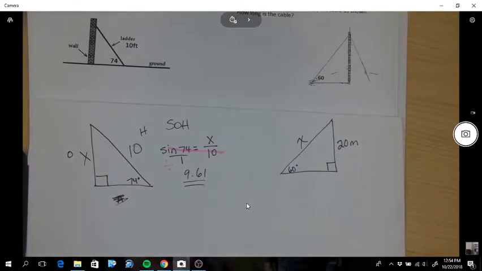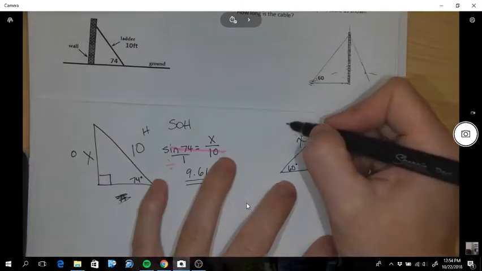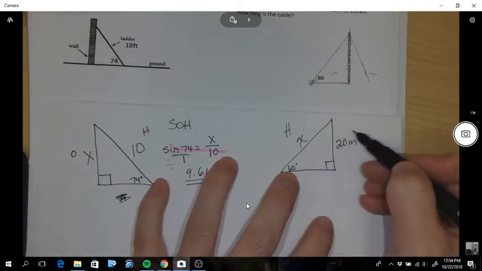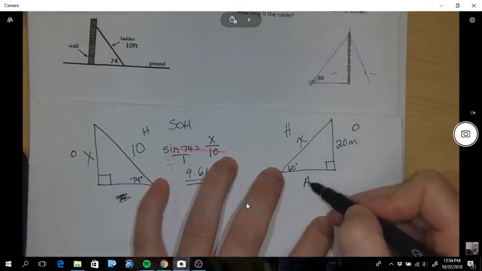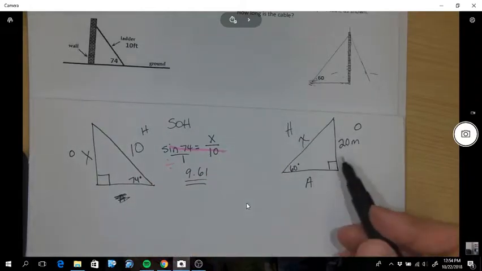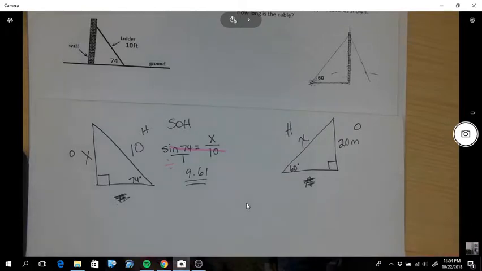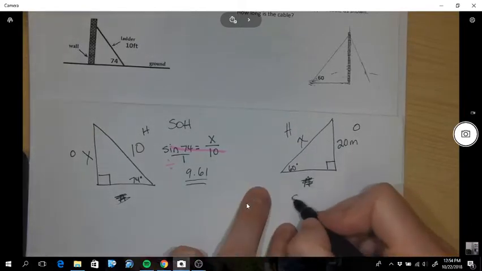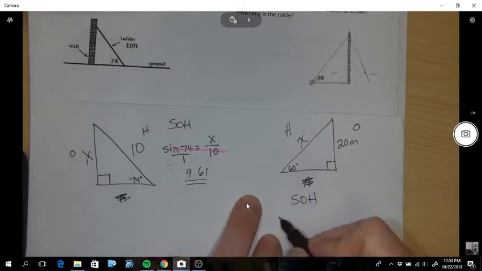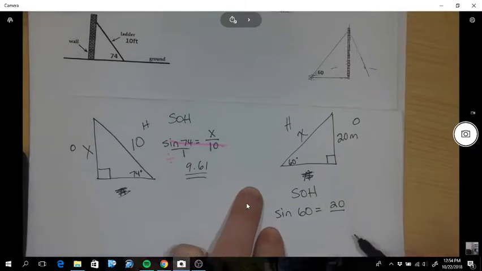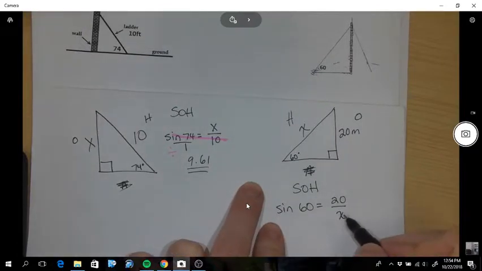So give me O, A, and H. Start with your H. That's located there. Here's my angle, so now I'm opposite and I'm adjacent. Out of these 3, which one don't you care about? The A. So again, I'm left with an O and H, which is the SOH. So the sine of the 60 is the ratio of its opposite side, 20, over the hypotenuse.